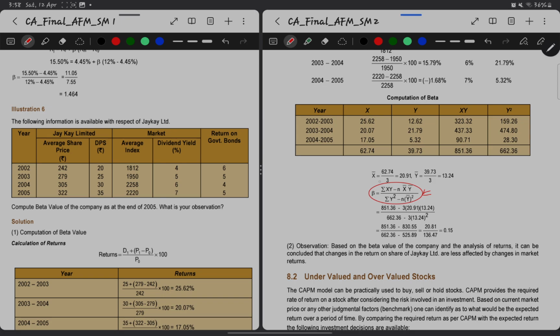Before finding out the expected return, we need the actual return for 2-3 years to get the expected return in both the cases. As we have the average share price and the DPS, we can find the return in each year, then we can find the expected return.